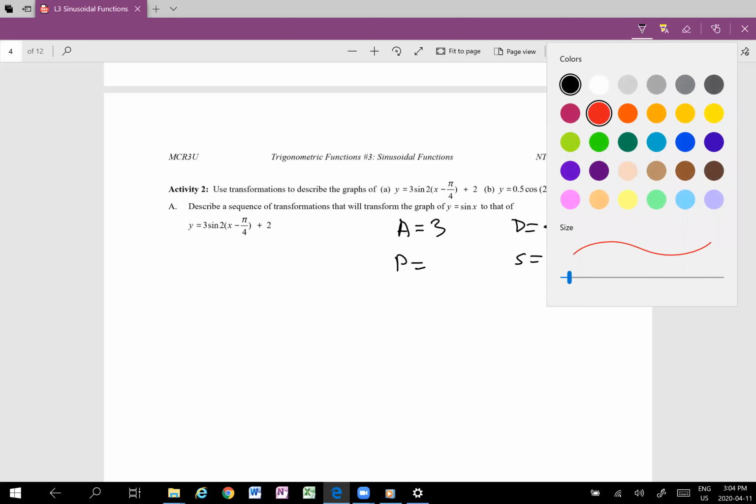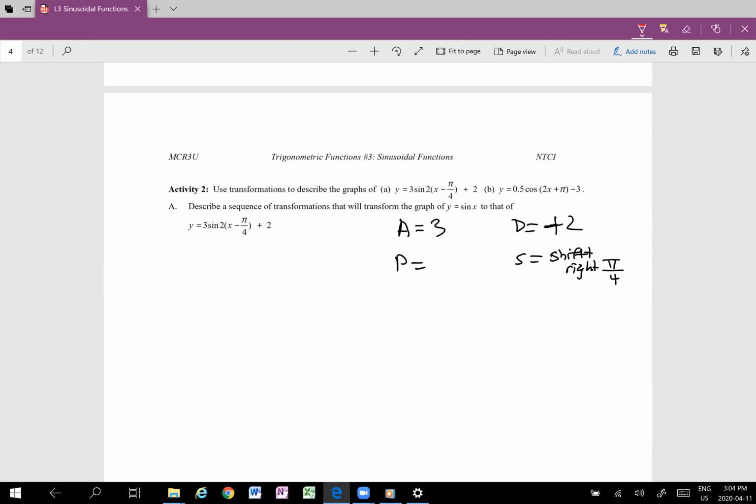The only thing is to find the period. But I think a lot of you understand that the b value and the period are related, but we have to do some math. So since we're dealing with radians, we have to do 2 pi divided by that b value, and you got it, it's pi. So describe what's happening. In English, it's going to be a vertical stretch by a factor of 3.